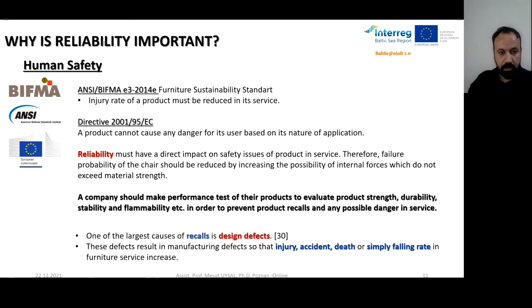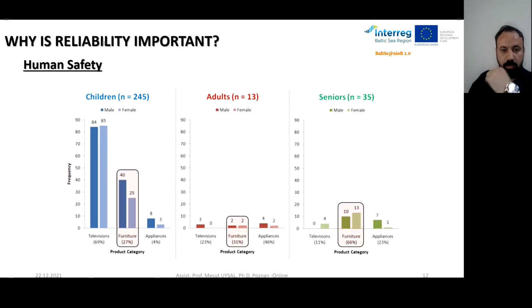I have a graph here. This graph shows us the percentage of people injured because of furniture. Children, infants, and seniors have a higher percentage of furniture accidents. In adults, this percentage is low compared to television accidents or appliance accidents.